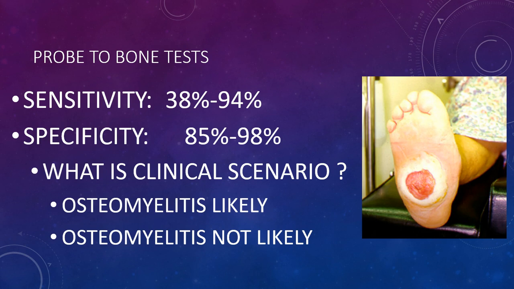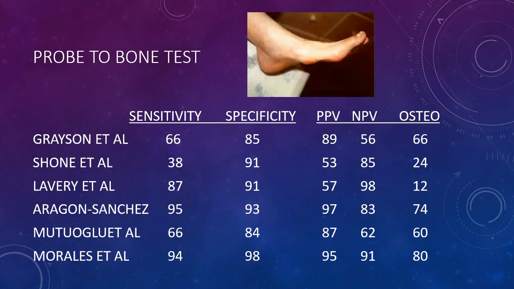So again, you're going to look at the clinical signs and symptoms, the presence of fever, drainage, malodor, the depth of the ulcer. You're going to look at the time the ulcer has been present, and you're going to put all this together and make a decision that it is or is not more likely.